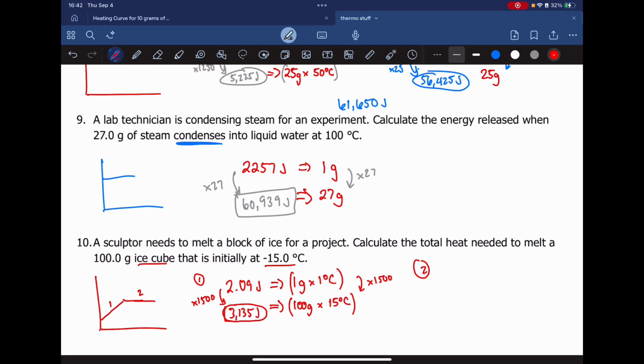I'm going to use heat of fusion then, which is 334 joules, the amount of energy required to melt 1 gram of ice. Our sculptor has 100 grams of ice, so that's going to be 100 times more energy. 100 times 334 is 33,400.